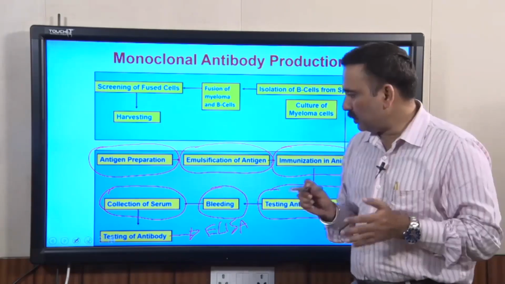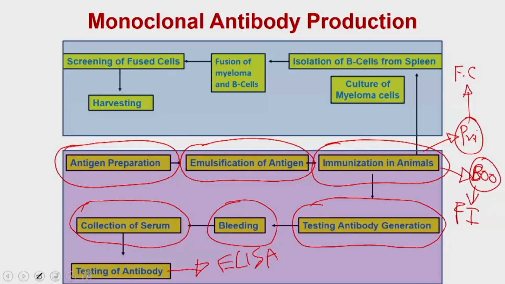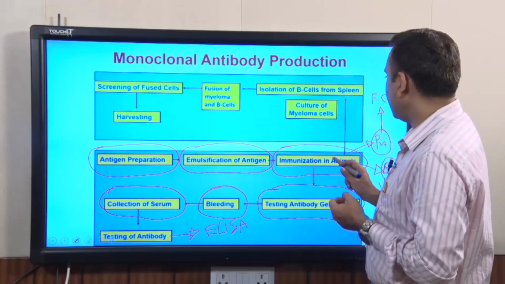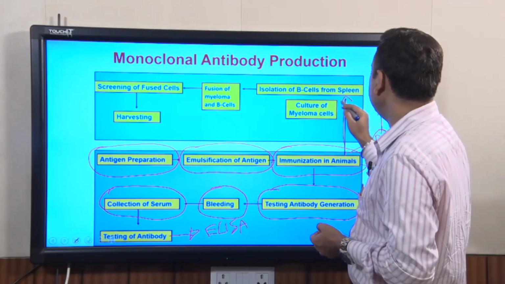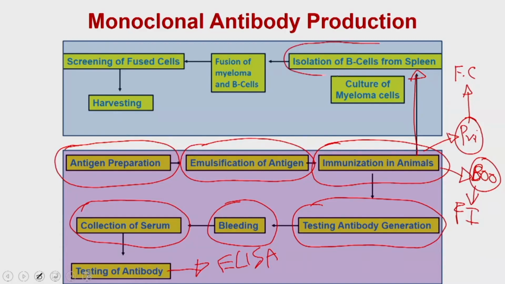Now, once you are sure that the antibodies are being produced, using ELISA, then you can take these animals and isolate the B cells from the spleen. You can also culture the myeloma cells. Then you put these two types of cells, the B cells as well as the myeloma cells, together for fusion reactions.